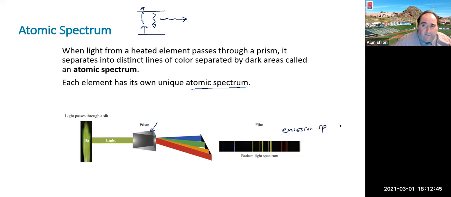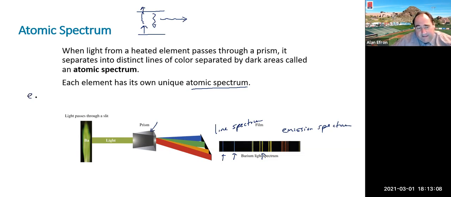And this is really referred to as a line spectrum, because just like the name implies, we see distinct lines that occur at specific wavelengths.